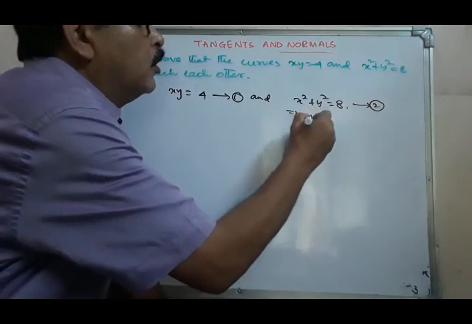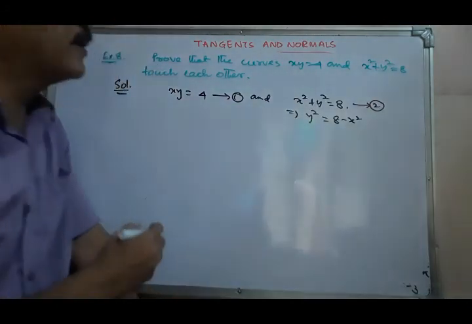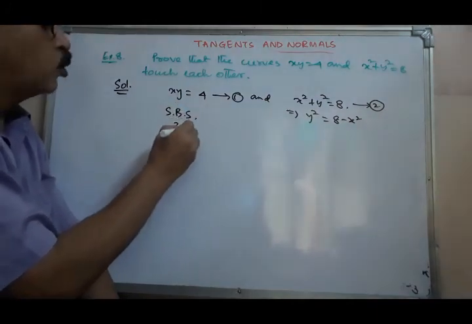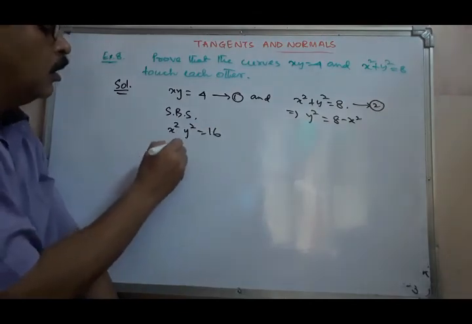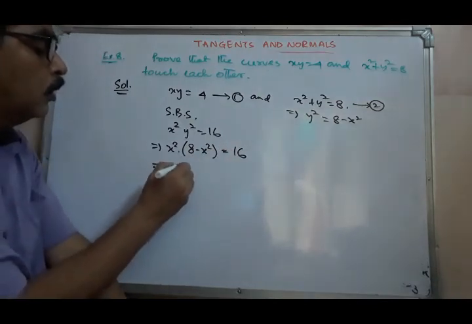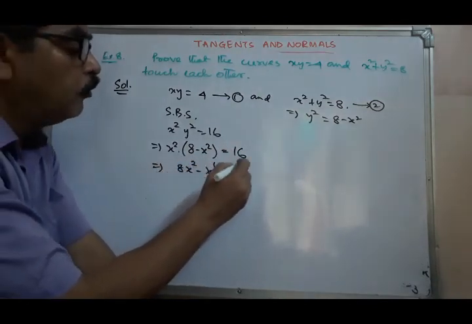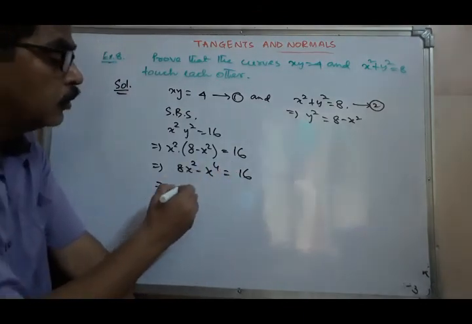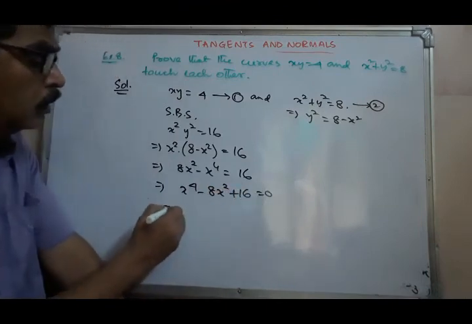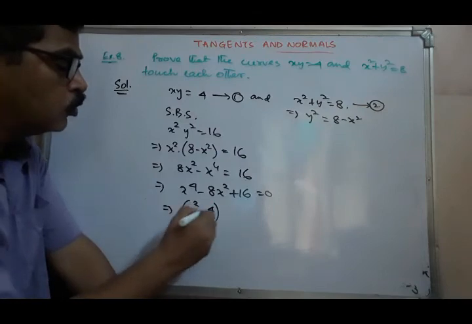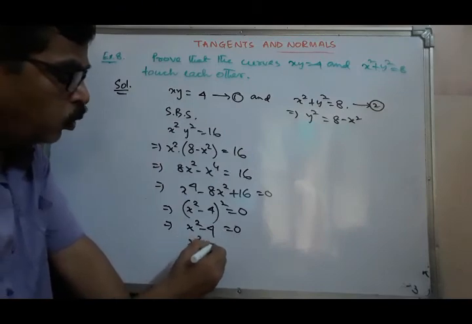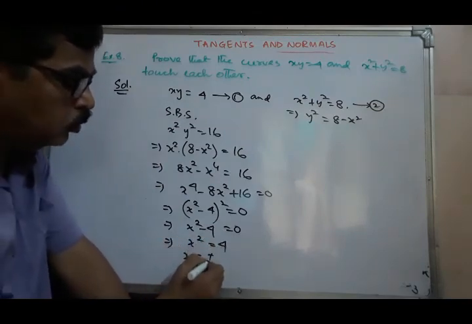So from 2, y square equal to 8 minus x square, and from 1, squaring both the sides, x square y square equal to 16, x square into 8 minus x square equal to 16, 8x square minus x to the power 4. So therefore x to the power 4 minus 8x square plus 16, that is x square minus 4 whole square equal to 0, that is x square minus 4 equal to 0, x square equal to 4, x equal to plus minus 2.